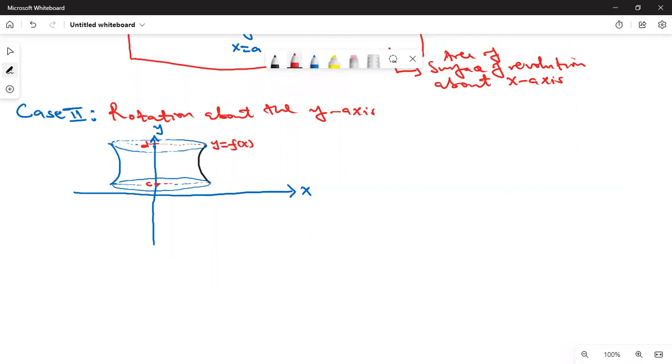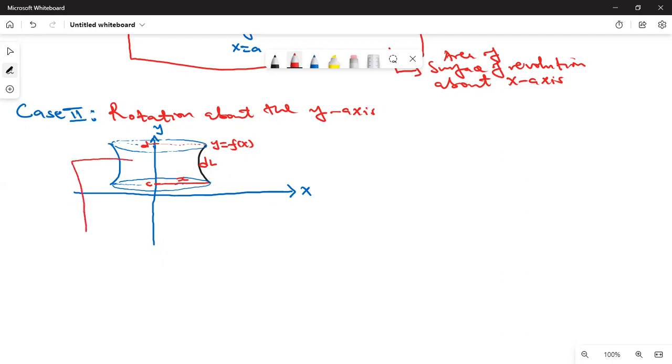This is the radius now, the radius of our cylinder. You see this radius is x. It is parallel to the x-axis, so let that radius be x. And this one is ds, and this is dl. So everything, we need to find the surface area.